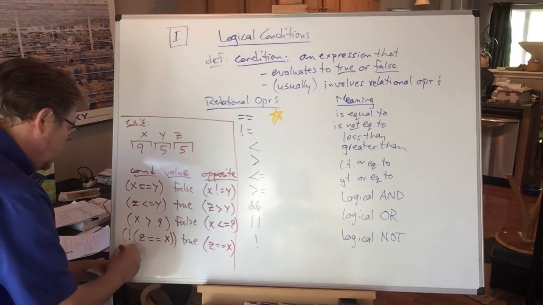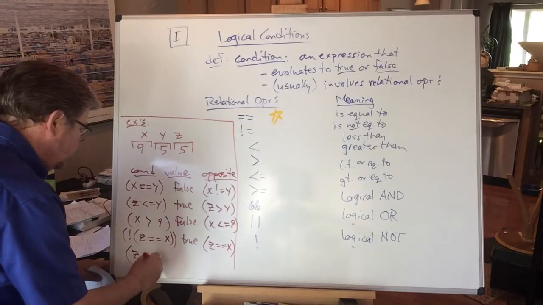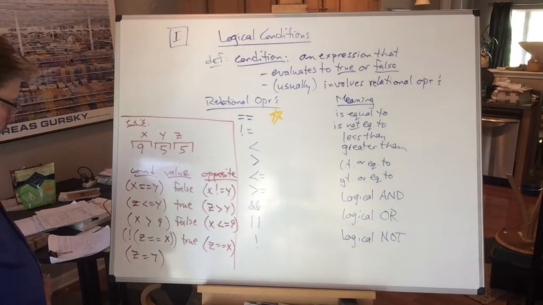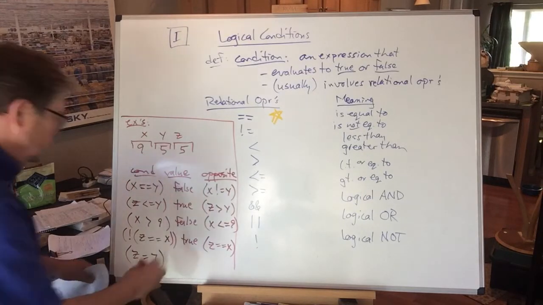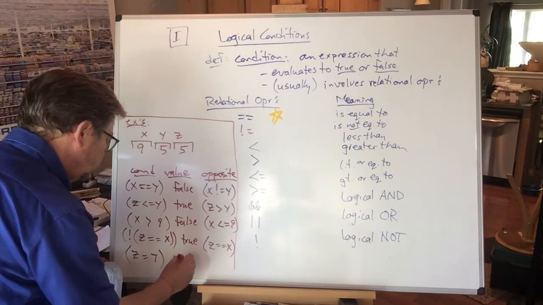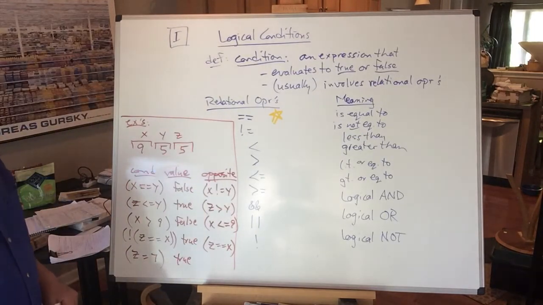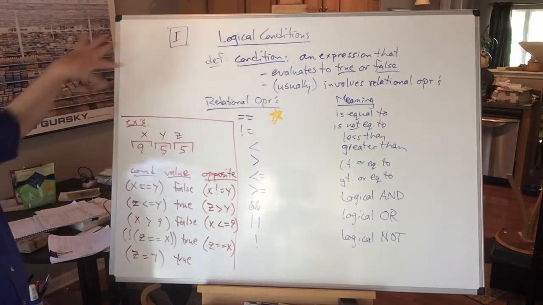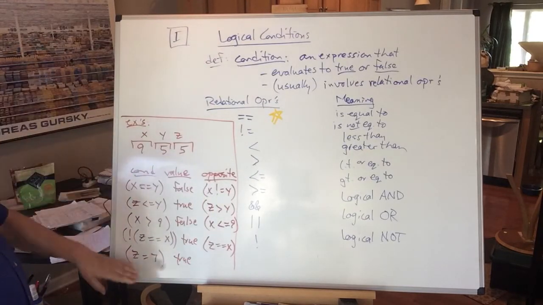Yeah, how about this? How about z equals 7? Z equals 7. True. Hold up, Poodle Dancer. That's the only place I see a 7 in this entire whiteboard. How could that possibly be true?